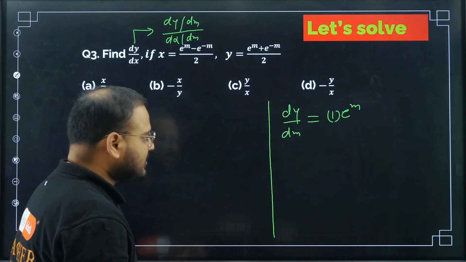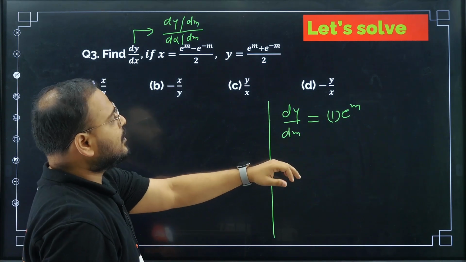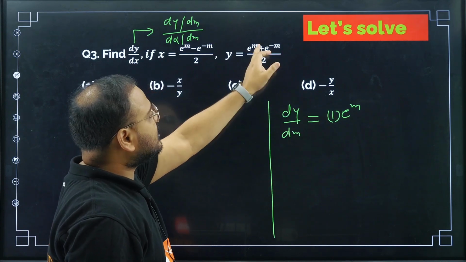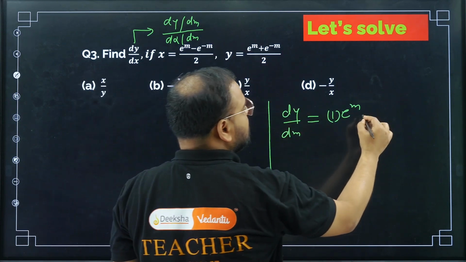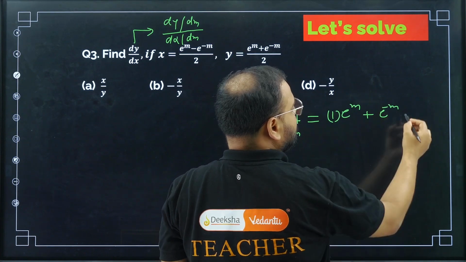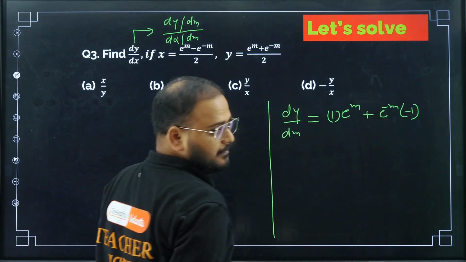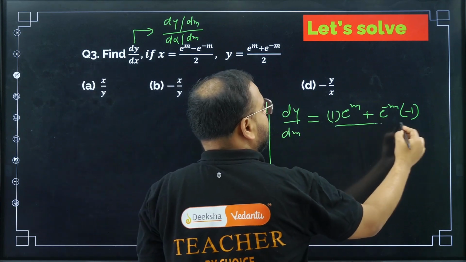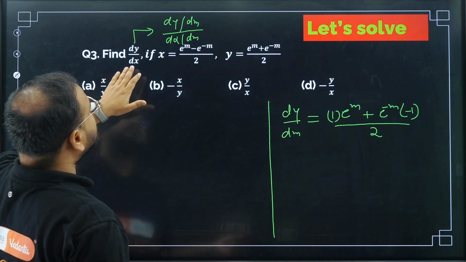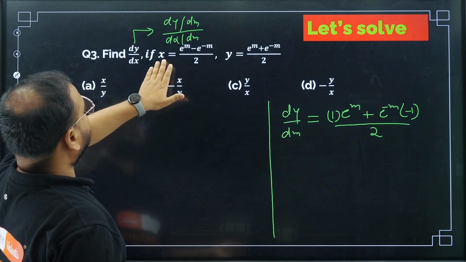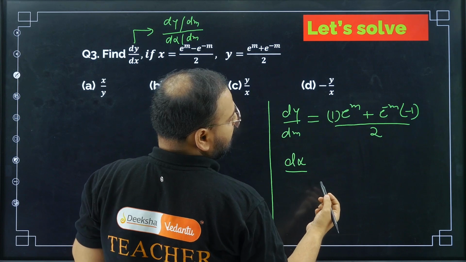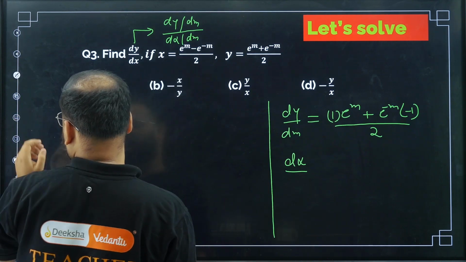Same way for this part, it will be e power minus m, but another minus 1 will come here. And this 2 will remain as it is. What about the x part? Let me just simplify this step.